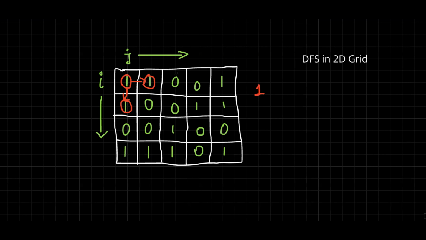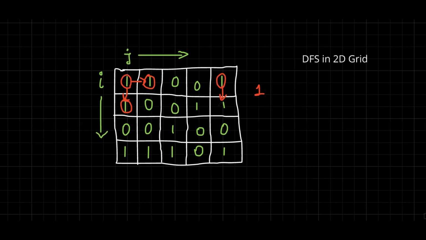So we can say that this is one island. Now our current iteration, suppose, is this node, which is not equal to 1. For this node, it is not equal to 1. But for this node, it is equal to 1. So we will make this 0 and we will go to the down side, right side, up side, or left side. So here we cannot go right and up, but we can go down and left. But on the left side, there will be 0, so we cannot go there.